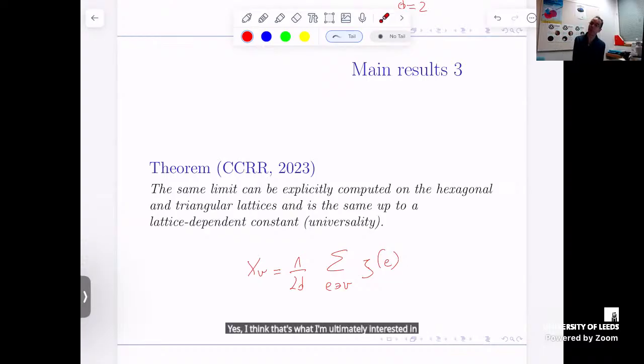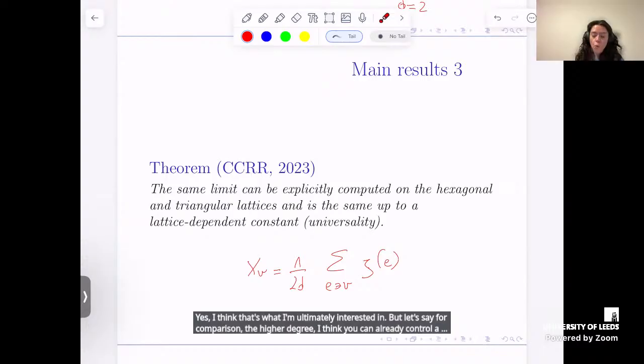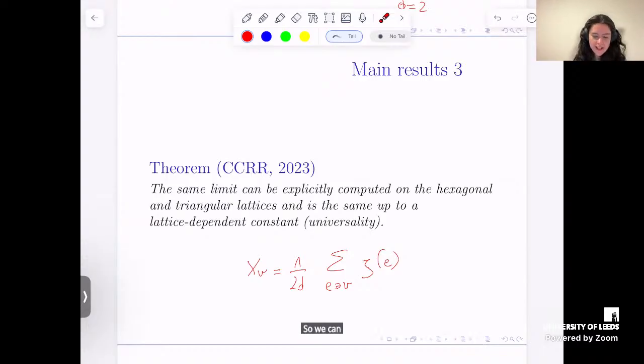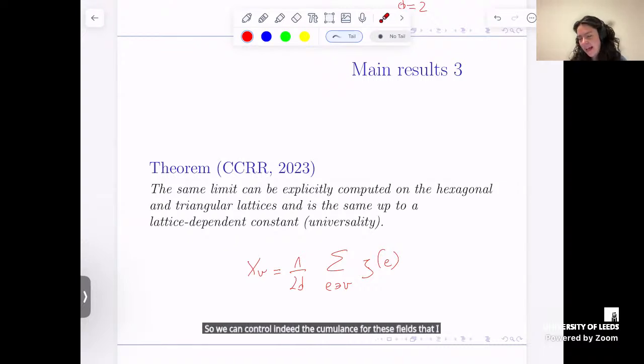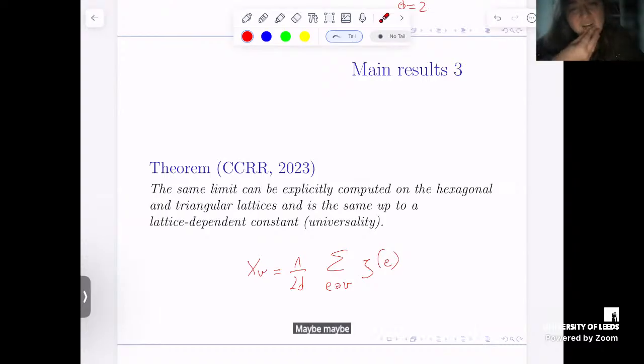But let's say for comparison, the higher degree, I think you can already control higher degree. So we can control indeed the cumulants for these fields that I called X_K, V, Y_V. Now, if you can explain to me again these logarithmic corrections, or maybe I can add something.